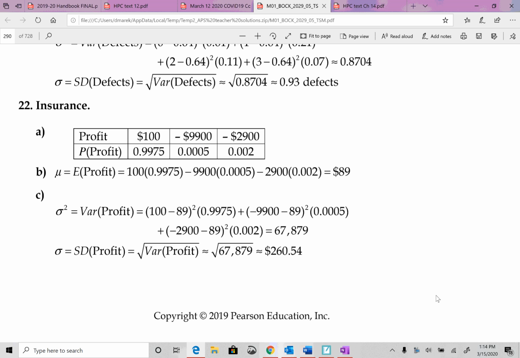And as before, we're going to take the difference in each outcome minus mu, which you just figured out in part B, square it, multiply it by the probabilities, take the square root of 67,879 as approximately 260.54.